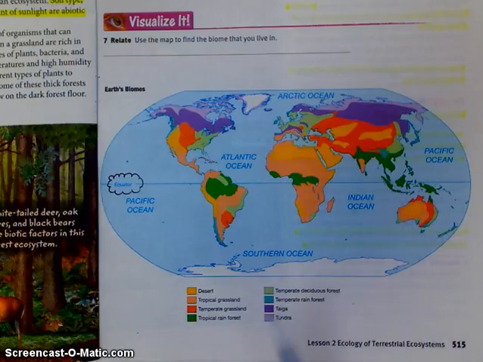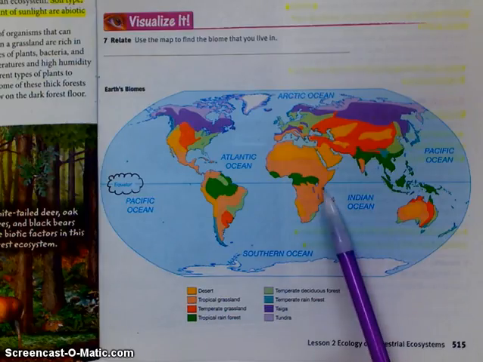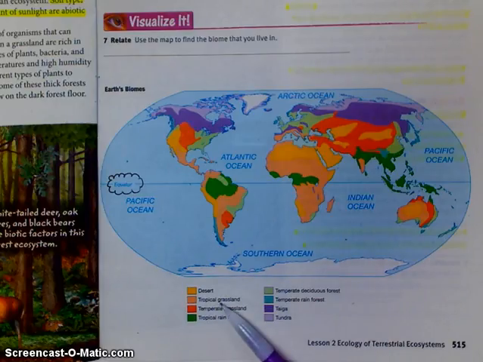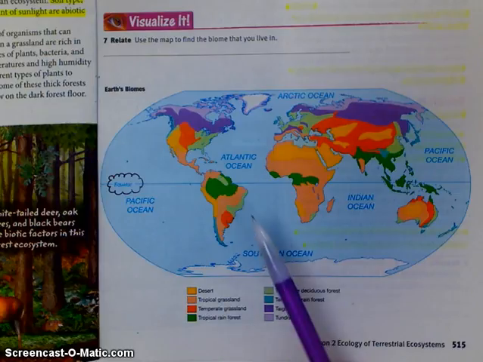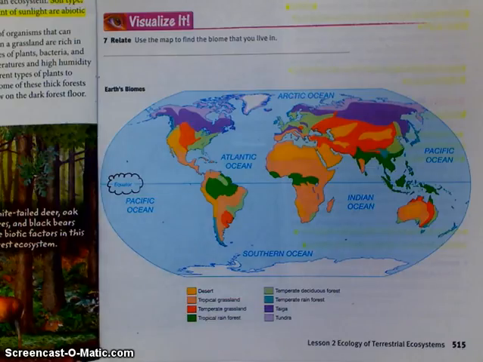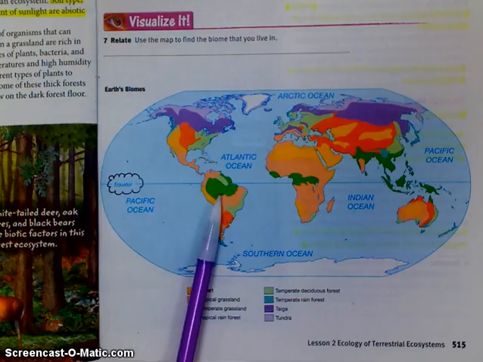The dark green areas are tropical rainforests. That's one of our biomes. The peach color, those are tropical grasslands. And there was a little bit of temperate deciduous forest in there. But for the most part, the 2 most common biomes you find at the equator are tropical grassland and tropical rainforests.